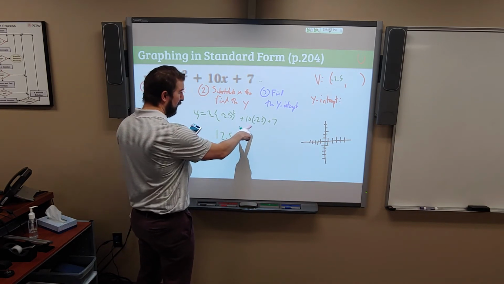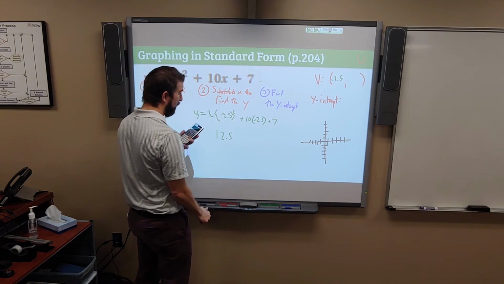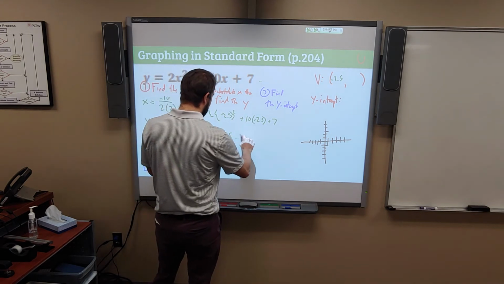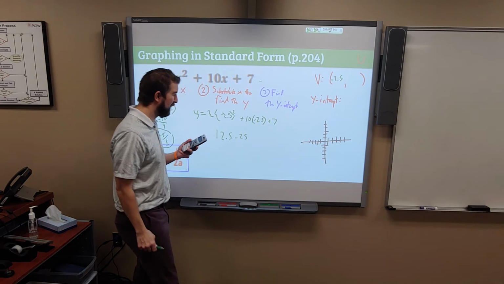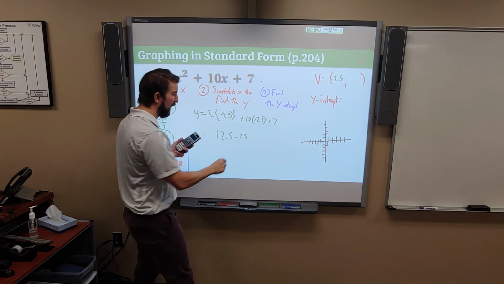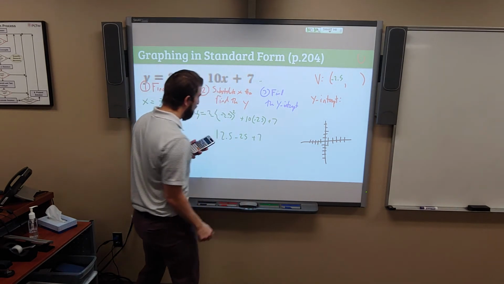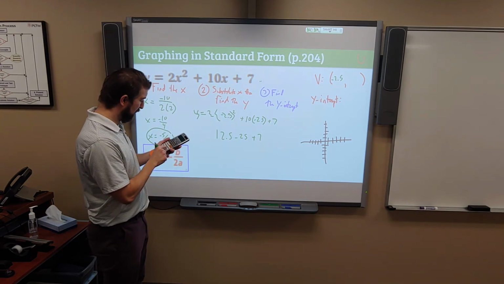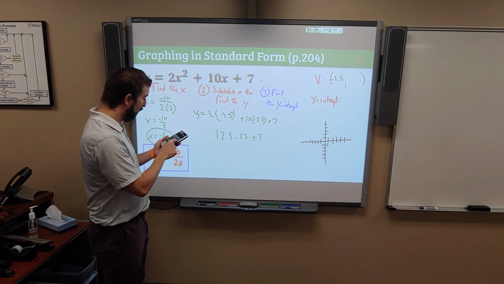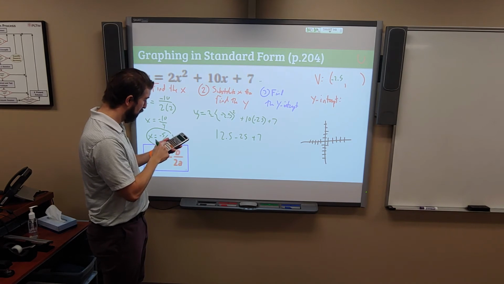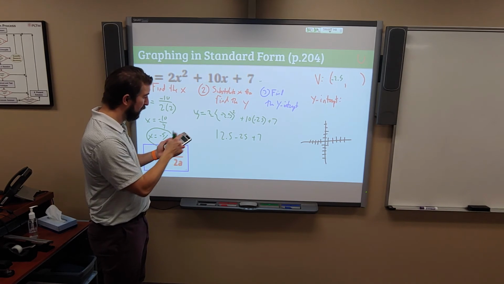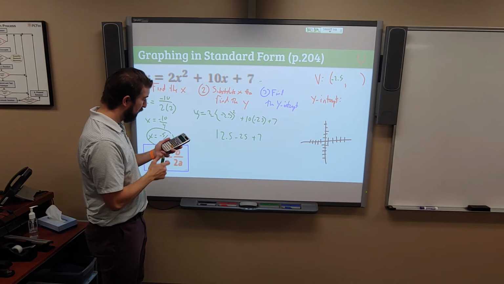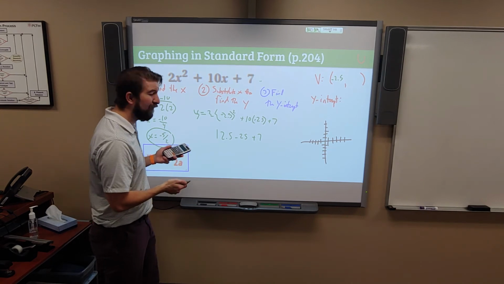So this is going to be -25. So 12.5 minus 25 plus 7. Now, once again, you can use your calculator for this. I don't mind. All right, so I'm just going to say 12.5 minus 25 plus 7 equals -11/2.